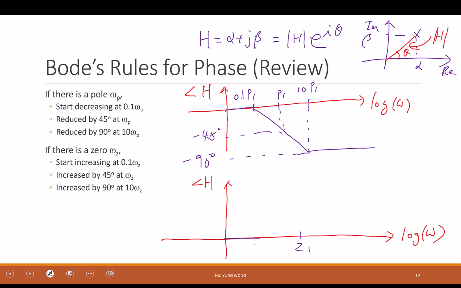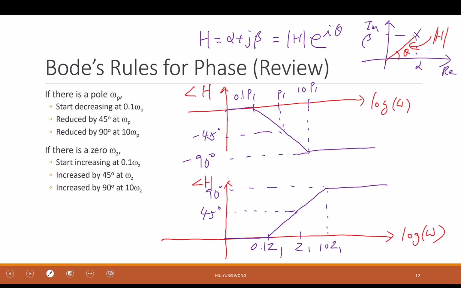Yeah, it's just the same: 0.1 Z, then you go up. And when do you think it will stop going up? 10 Z. When you reach 10 times of the 0, it stops. And can you guess what the value will be? 45 and 90. Right? So it's easy to memorize if you memorize one of these.